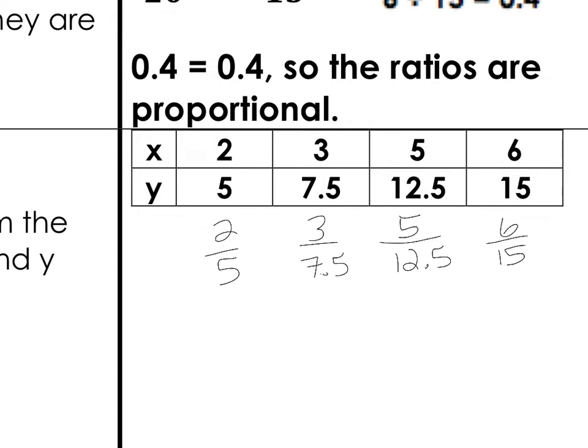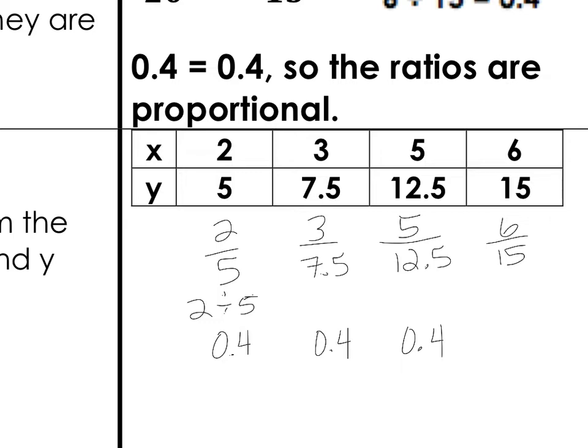I'm actually going to do the decimal one first, because why the heck not, okay? So if I did 2 divided by 5, okay, I'm just dividing each one, top divided by bottom. That is 0.4 or 4/10. Okay, if I do 3 divided by 7.5, that's also 0.4. If I do 5 divided by 12.5, that's also 0.4.